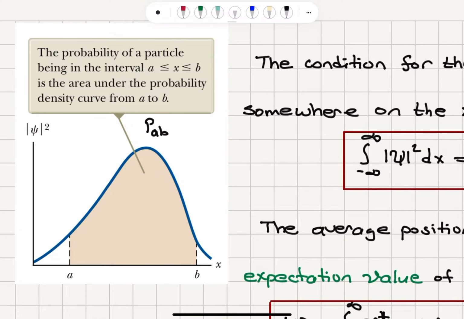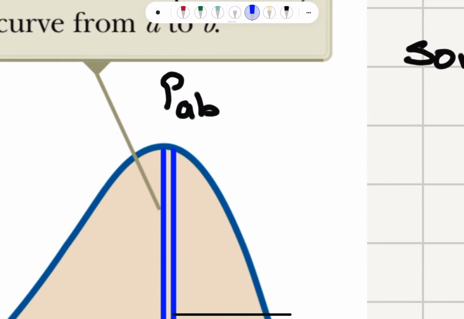So going back to the probability of finding the particle in the interval between a and b, here's our probability density function. We choose a small interval dx. For example, if I consider this small interval dx between here and here, you can see that I obtain almost no variation in the probability.